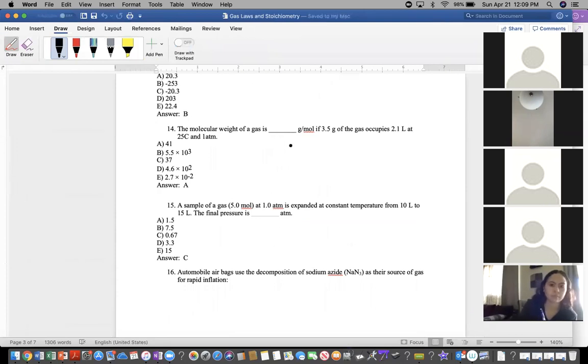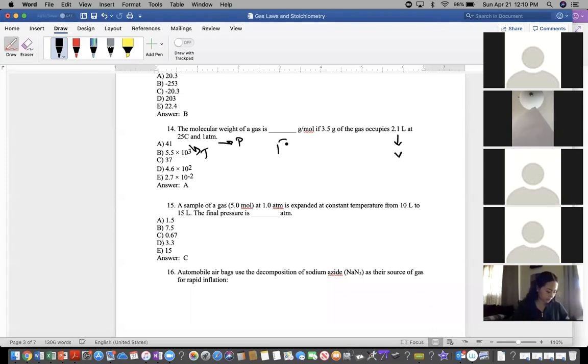From 3.5 grams. You got the moles, but how did you get the moles? We don't even know what gas that is, right? Exactly. So first find the moles, and then use the mass that is given to you to find the molar mass. The question is saying find the molar mass, right? And we are given mass, volume, temperature, and pressure.